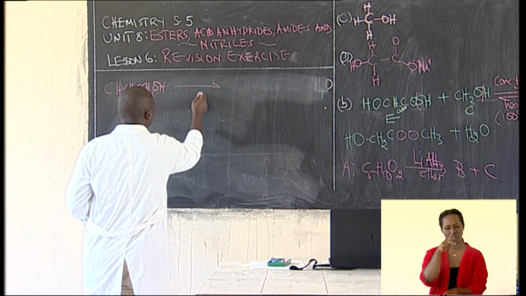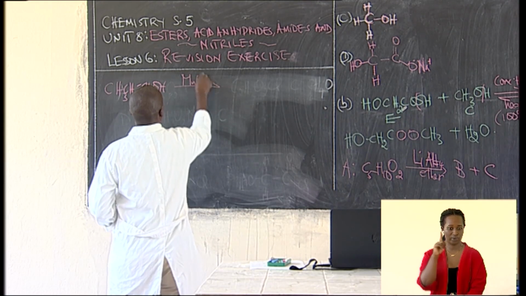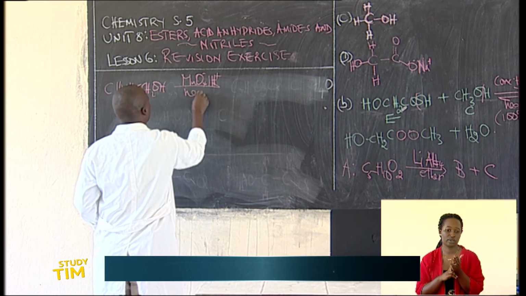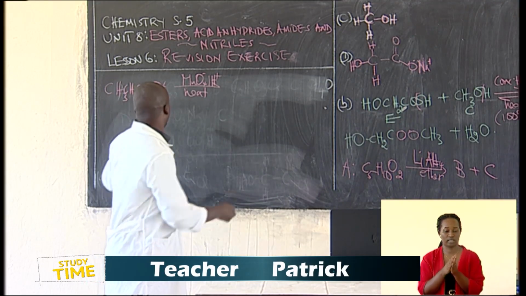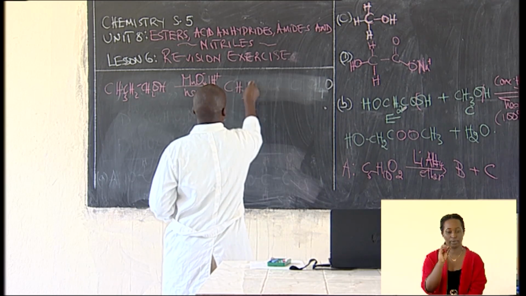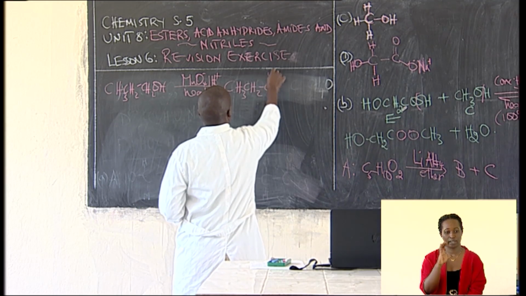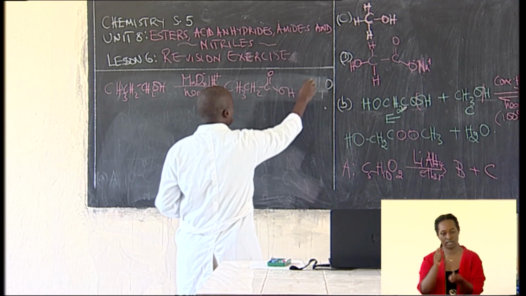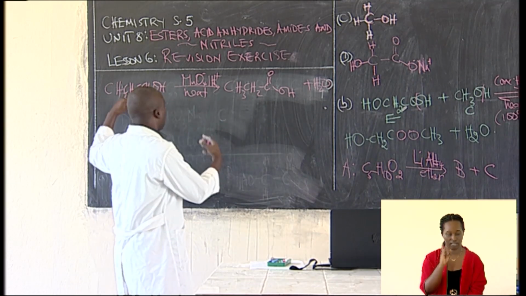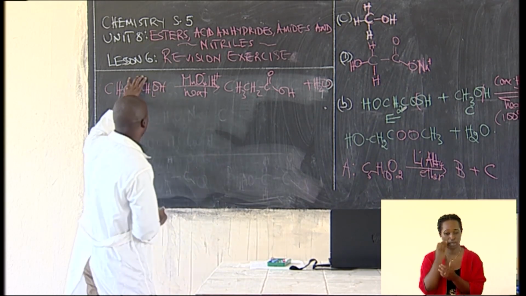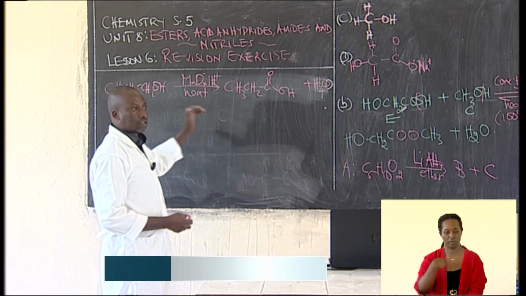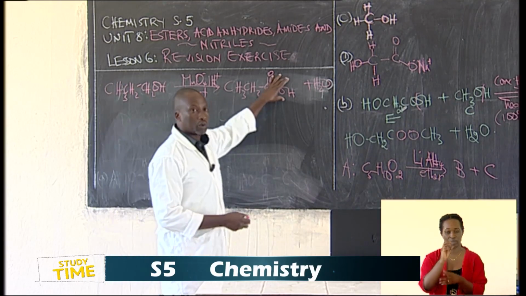You oxidize this using any strong oxidizing agent in presence of acid, and heating or warming is enough. So this one will give you propanoic acid. This will change into the propanoic acid. Now the propanoic acid, so you have to make sure if you are preparing, because you start from the only alcohol that you have. So part of it will be oxidized. So you oxidize part to get the carboxylic acid.